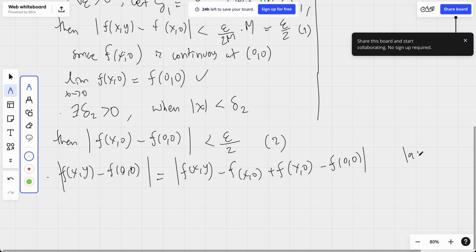We know that this has to be smaller than or equal to this. So this is the inequality, just making sure. This whole thing has to be smaller than or equal to this.